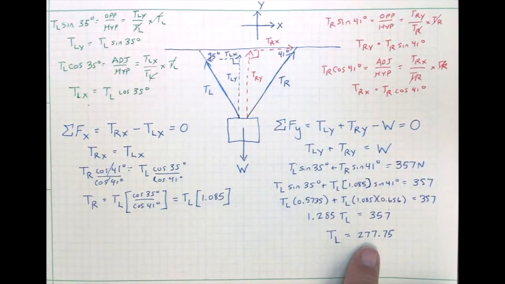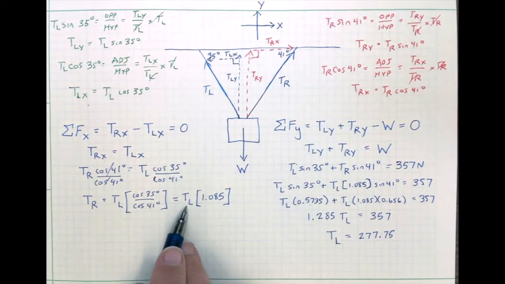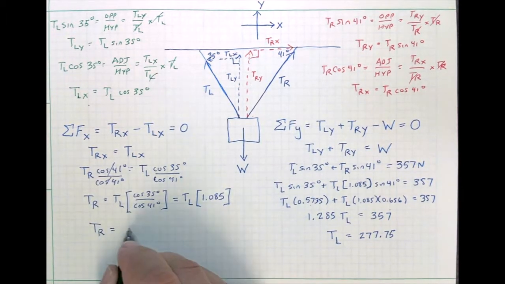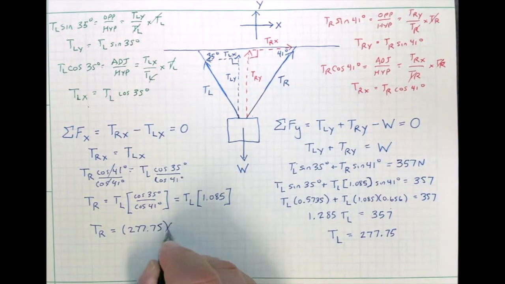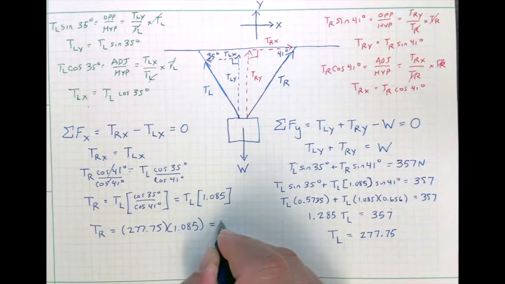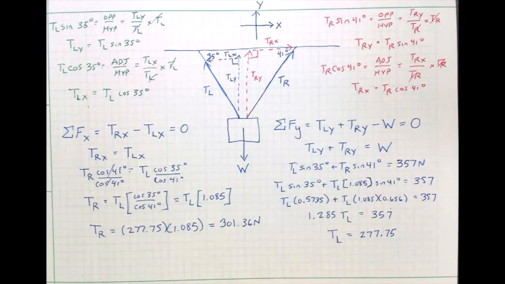Well, now that we know the tension in the left, we can take that number and bring it over here, plug it in right there. And so TR equals 277.75 times 1.085, and that's going to be 301.36 newtons.